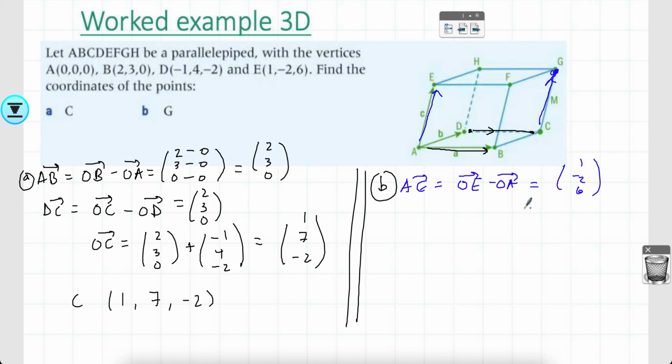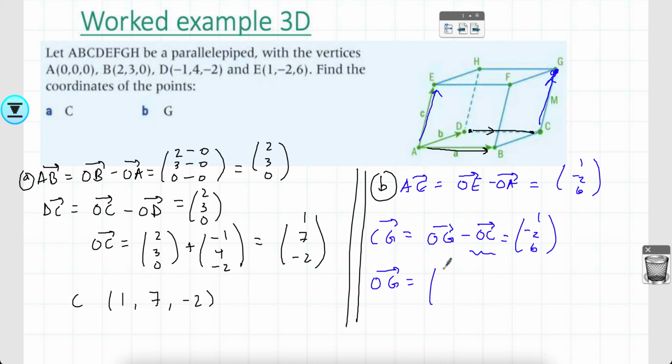And then C to G is basically OG minus OC. And it should be equal to 1, -2, and 6. But we know OC now from the previous question. So OG is equal to 1, -2, 6, plus 1, 7, and -2. And that will give us 2, 5, and 4.